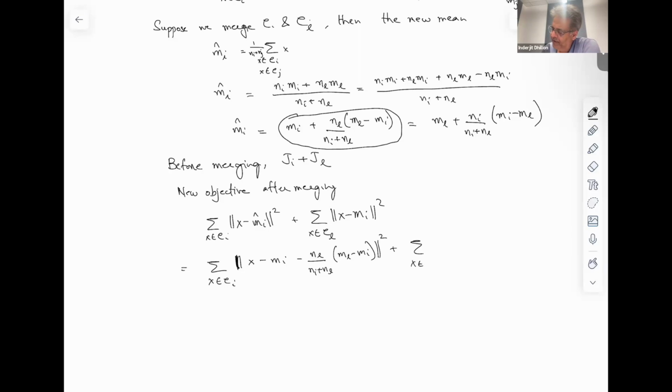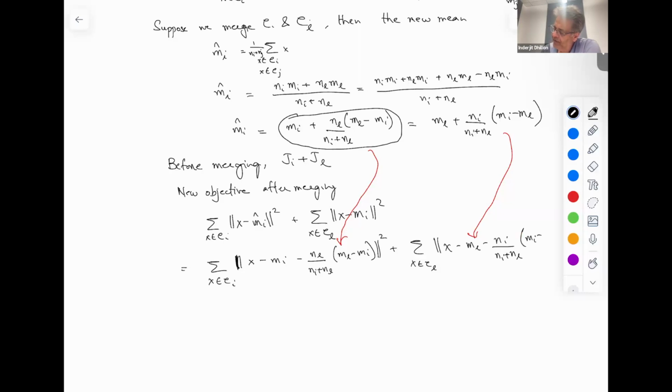And then on the other side, summation of x minus Ml minus Ni divided by Ni plus Nl, Mi minus Ml, squared. So I substituted this over here, and now I'm substituting this over here. That's the new objective function.